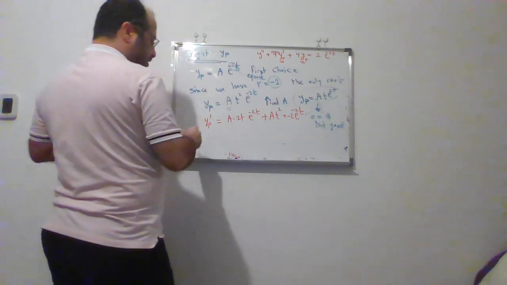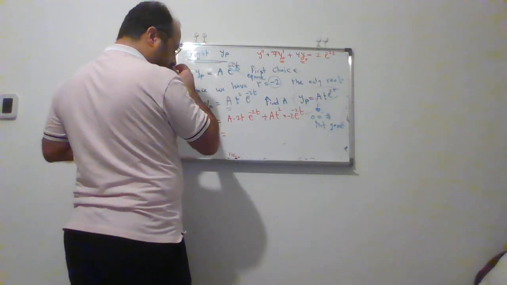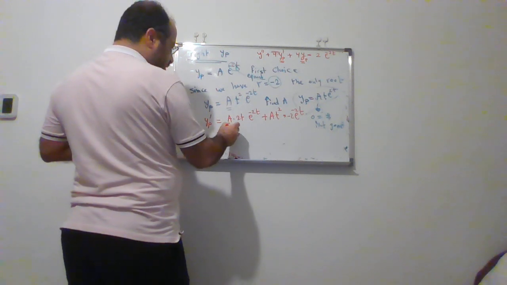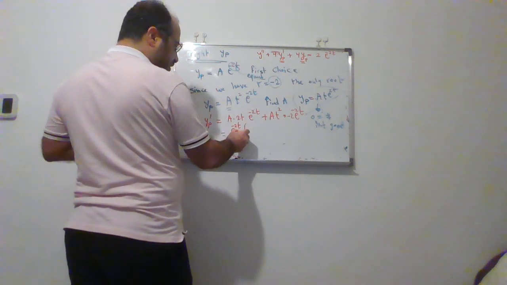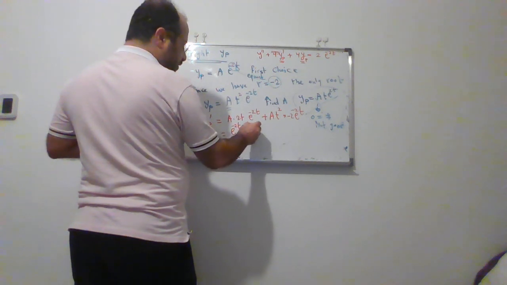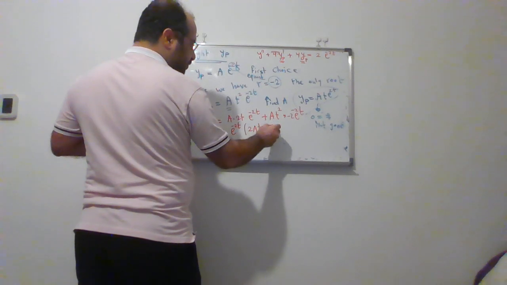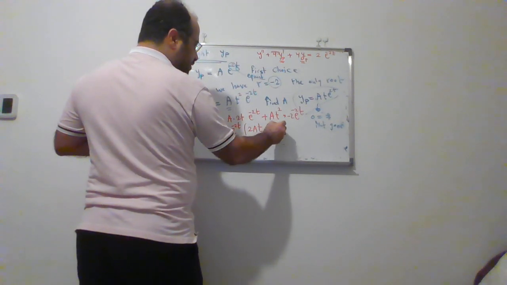So this is the first derivative, and maybe I take e^(-2t) as a common factor. I will tell you why. Here I'm getting 2at, and here I'm getting minus 2a t squared.